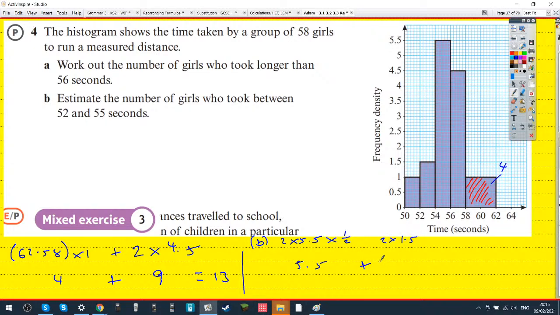And then you need to round it. Would you round it up? So wait, 2 times 1.5 is 3. And then you'd add it to give you 8.5. And so roughly 9 girls.